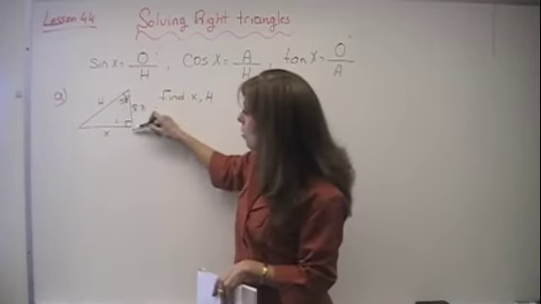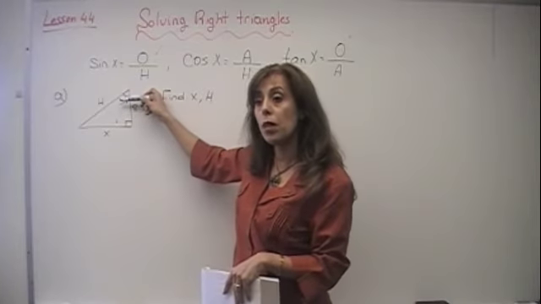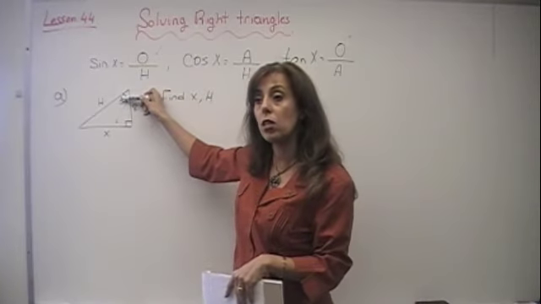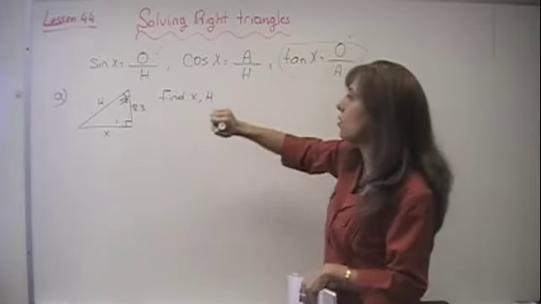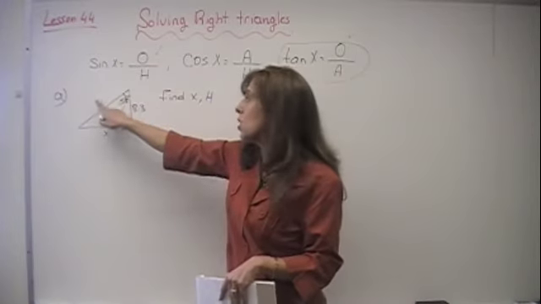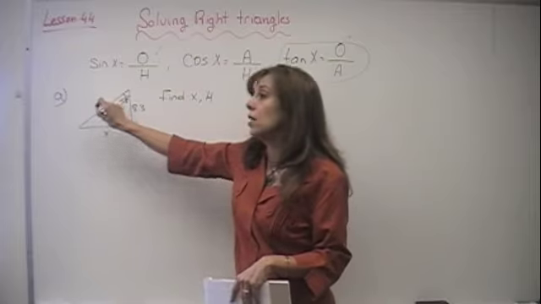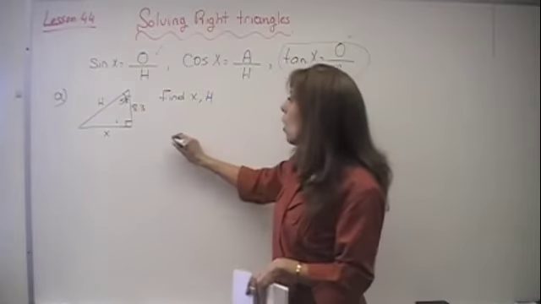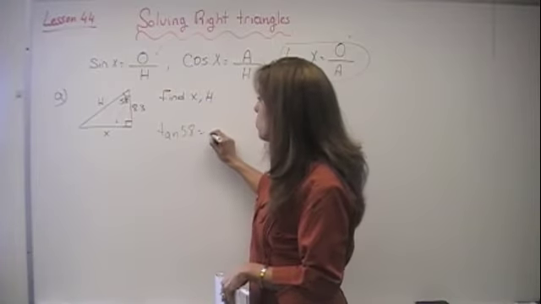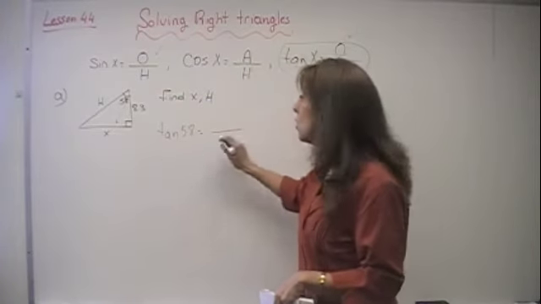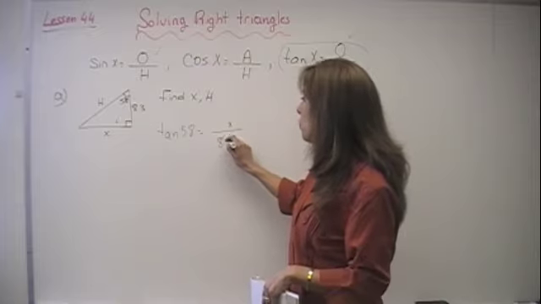How about 8.3? What is the relationship between 8.3 and the 58? Adjacent. So the only one we can use is tangent, because I don't know the hypotenuse. It's unknown at this point. So I can say tangent of 58 equals opposite, x, over 8.3.